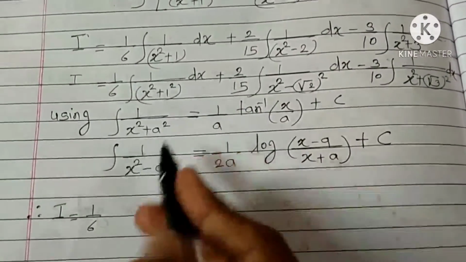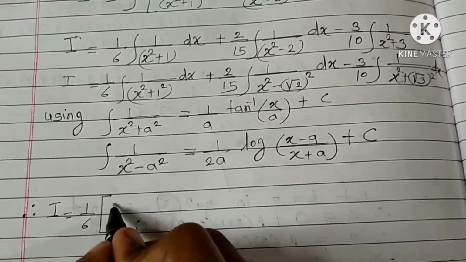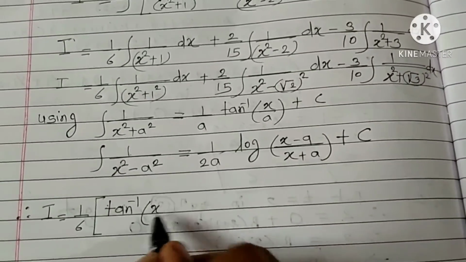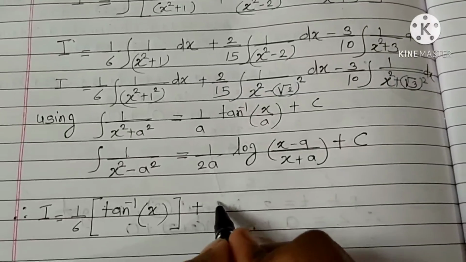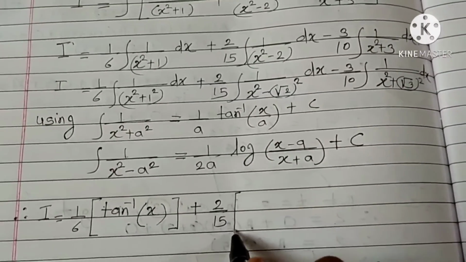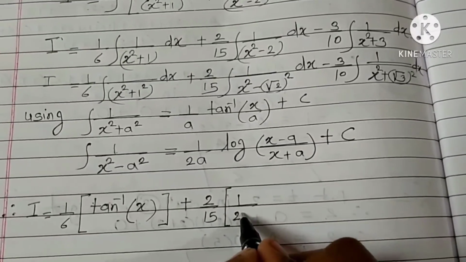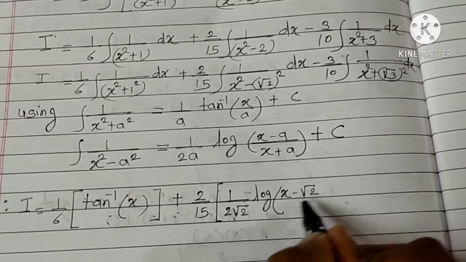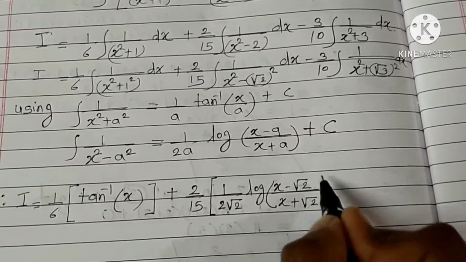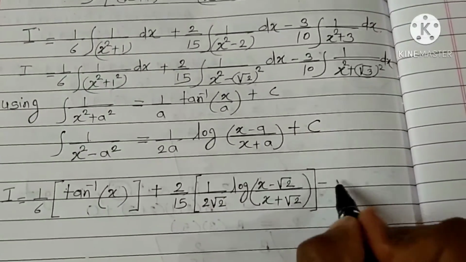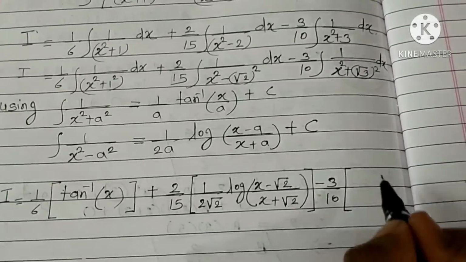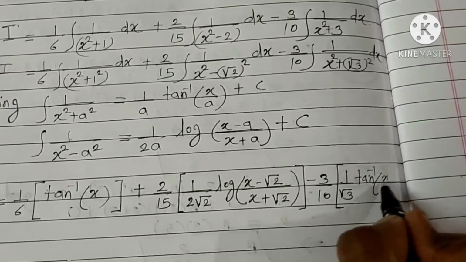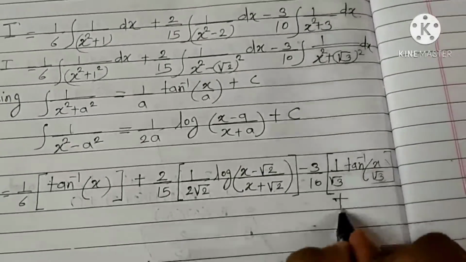Here a is 1, so there is no need to write 1 upon 1, just tan inverse x upon 1, plus 2 upon 15 into 1 upon 2a, where a is root 2, log of (x minus root 2) upon (x plus root 2), minus 3 upon 10 into 1 upon a, so it is 1 upon root 3 tan inverse x upon root 3 plus c.